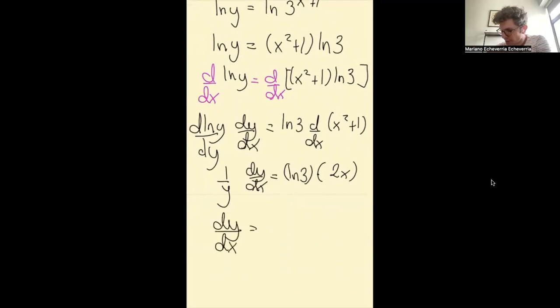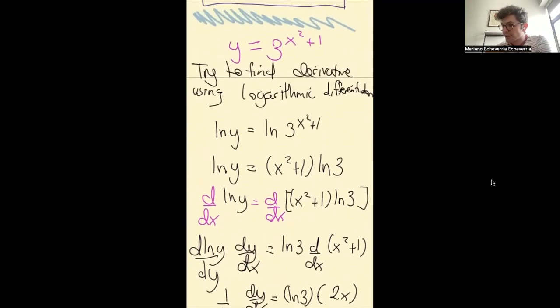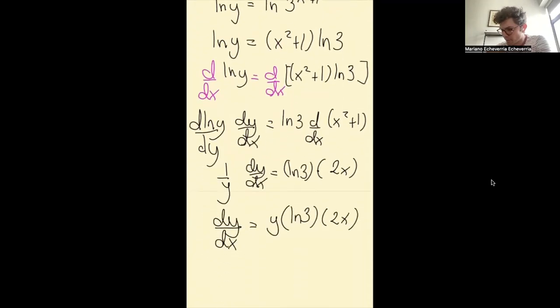And so you solve for dy dx, which is y ln of 3 times 2x. But what is y? Y was 3 to the x squared plus 1.